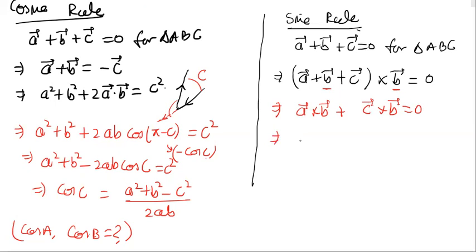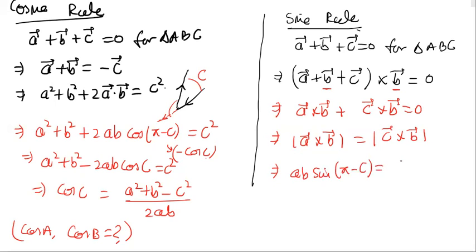So you can write mod of a cross b is equal to mod of c cross b. The minus sign will only contribute to the direction, since we are talking about the magnitude. Then we can write ab sine(pi minus c) is equal to cb sine(pi minus a).